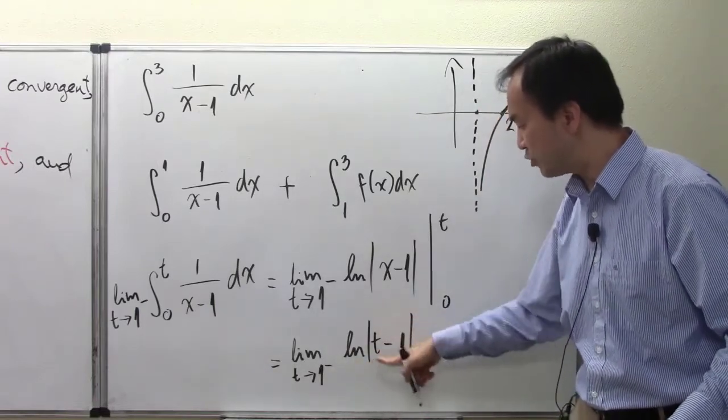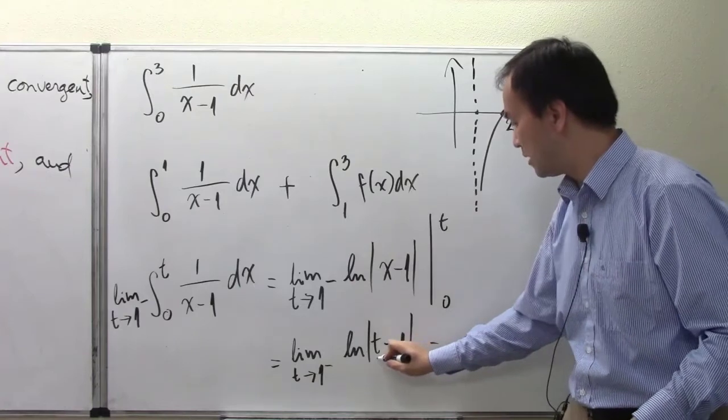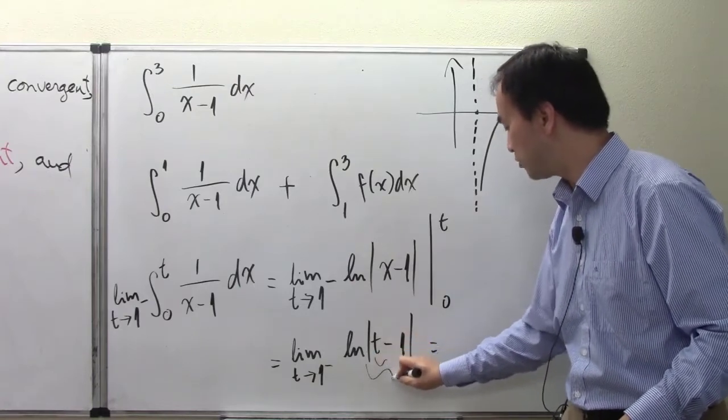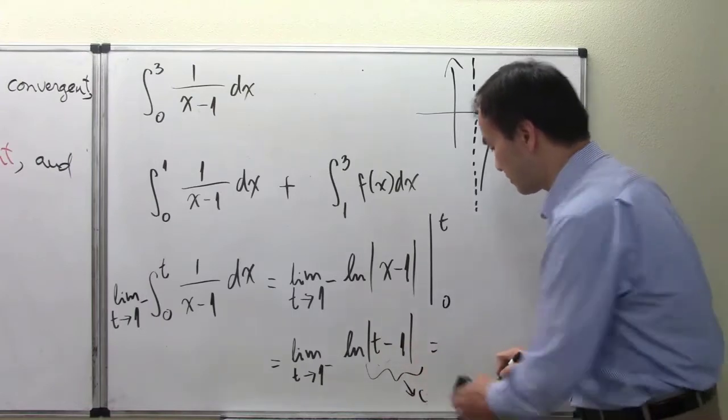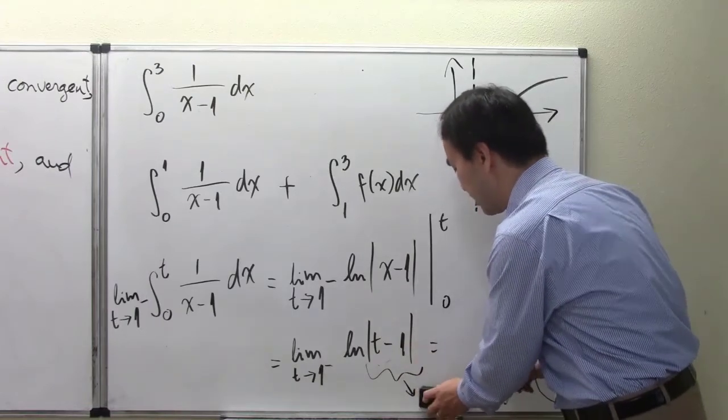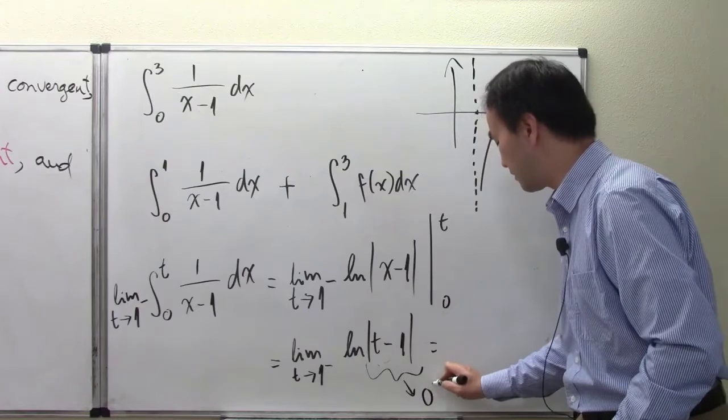In the end it's the absolute value, so it means the whole t minus 1 in absolute value will approach 0 from the right-hand side.